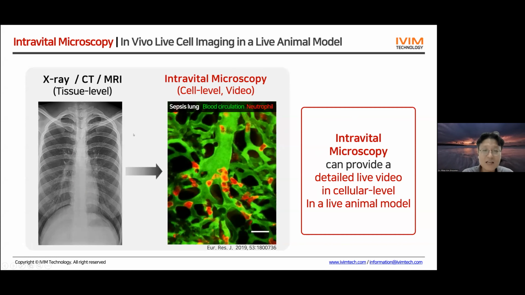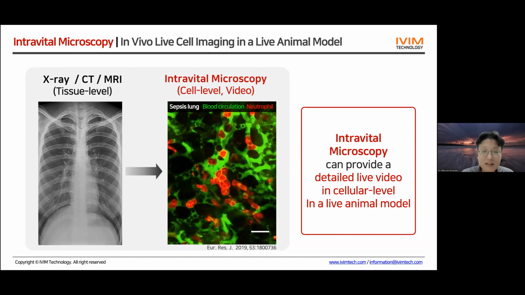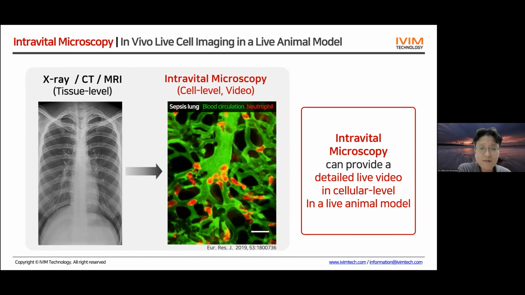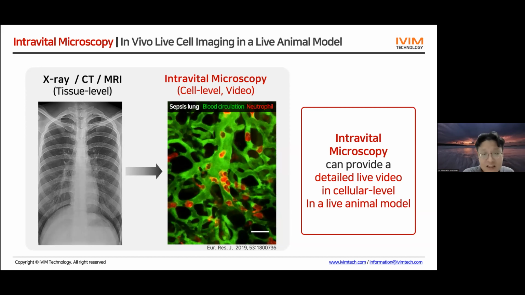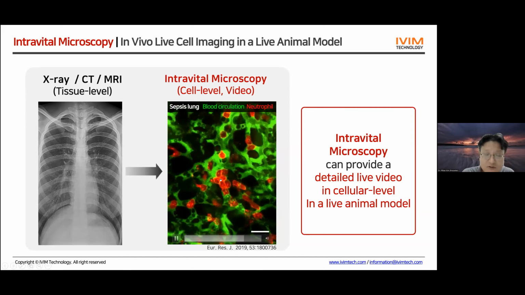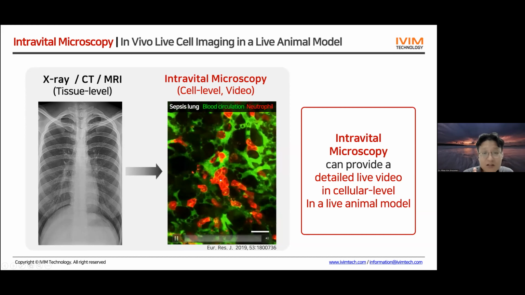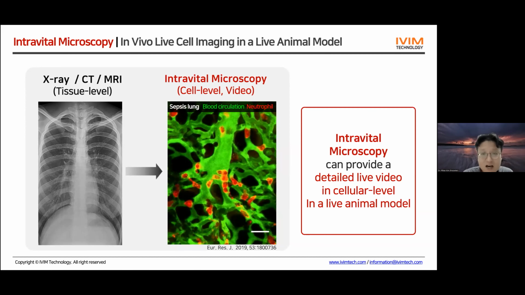In green, it's showing the blood circulation, which is fluorescently labeled by intravenously injected FITC dextran. And in red are intravascular neutrophils inside this vessel in the lung.